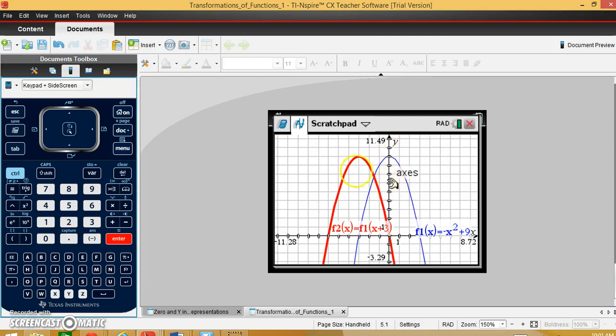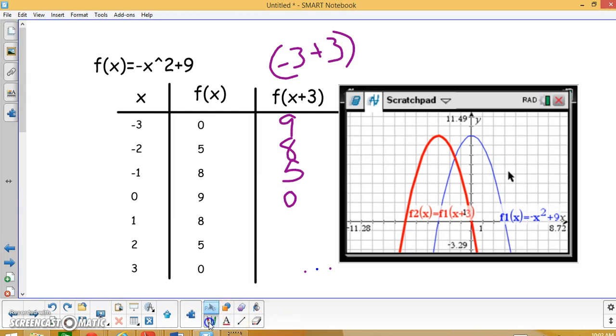So as you can see here, this was a point before, and after my transformation, it went over 1, 2, 3 units. Here, this was the next point, and it went over 1, 2, 3 units. Here's my next point, and it went over 1, 2, 3 units. So when we have f of x plus 3, it's going to lead to a shift either left or right.